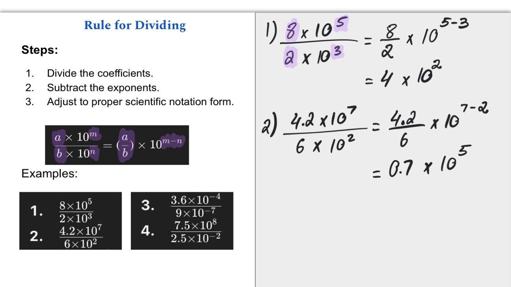Now, when I look at this, I can clearly see that our number is not written in scientific form because 0.7 is less than 1. Let's move our decimal point. Since this is a number less than 1, when we move the decimal point towards the right, we have to multiply by 10 with a negative exponent.